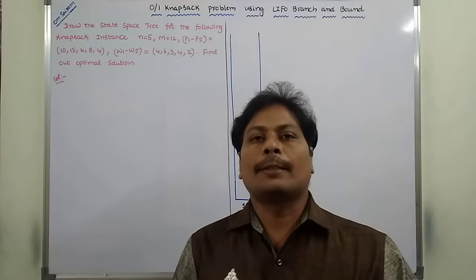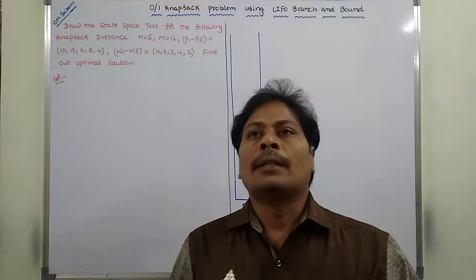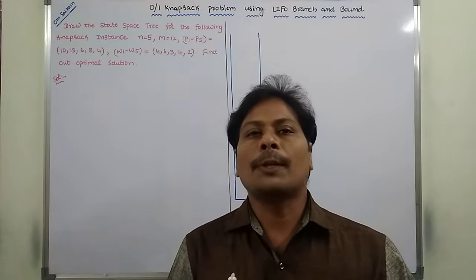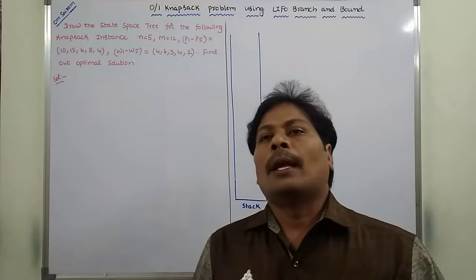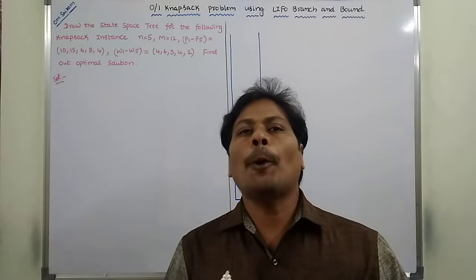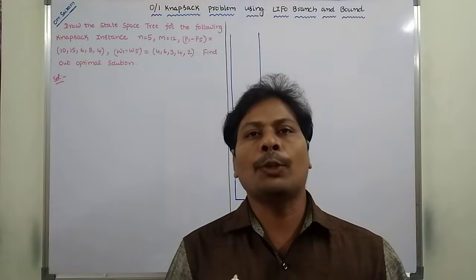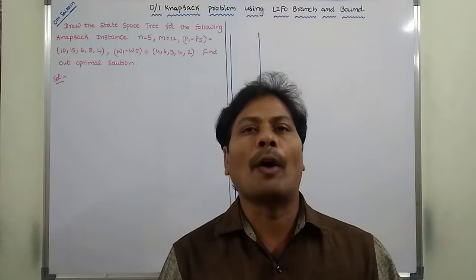Hi friends, today I am giving a lecture on the 0/1 knapsack problem using LIFO branch and bound. That means the 0/1 knapsack problem can be solved using last in first out branch and bound.